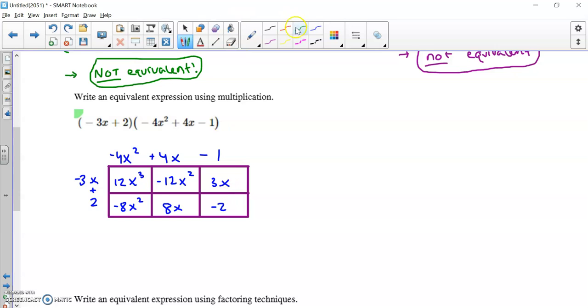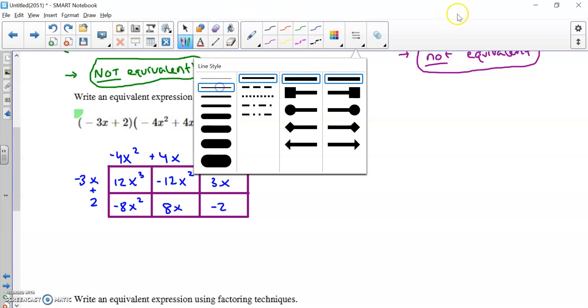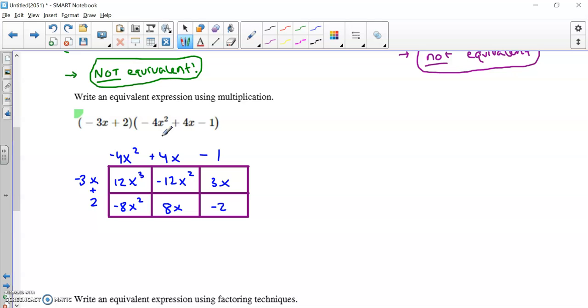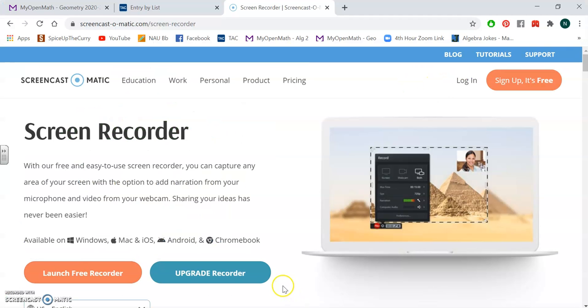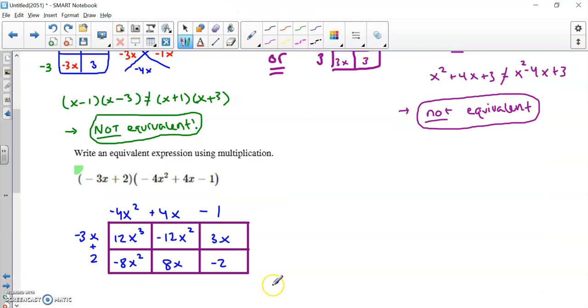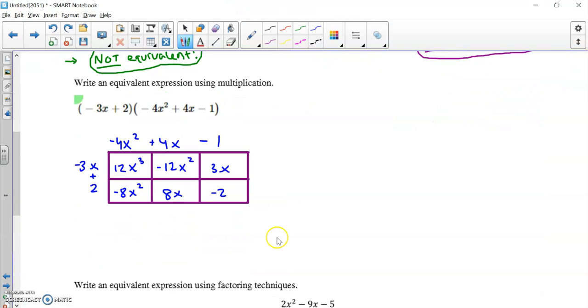Alright, now that I've filled out my box, I can start simplifying. This is where I have to add everything together in the box, just like I did up here. We can take a look first at the like terms. Right here, these are both x squared terms, so we can combine them.